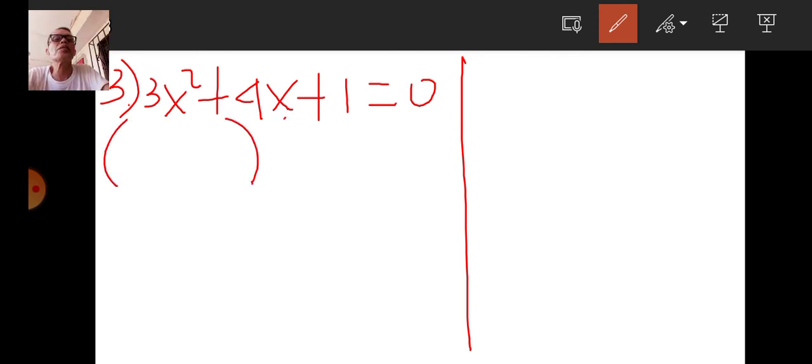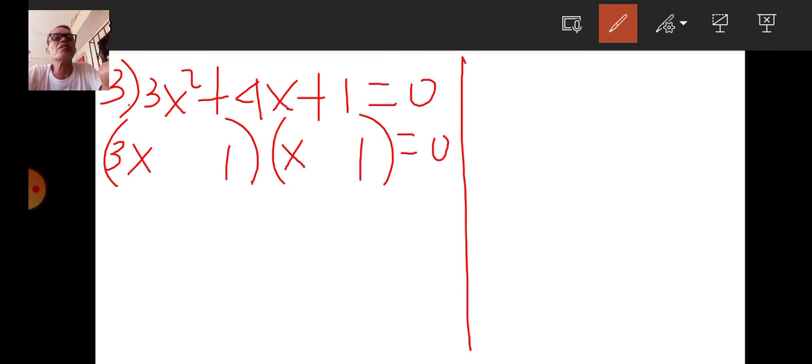So factor out. So 3x squared has the factor of 3x times x, and 1 has the factor of 1 times 1. And since all are positive, the factors also must be all positive.